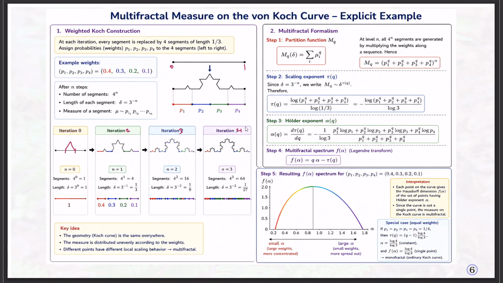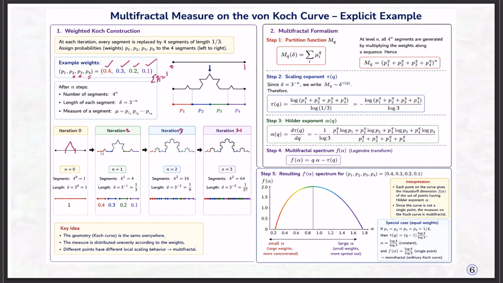Now we assign the probability values: P1 as 0.4, P2 as 0.3, P3 as 0.2 and P4 as 0.1. So left to right we give the weights 0.4, 0.3, 0.2, 0.1, decreasing, so that the sum of Pi becomes 1.